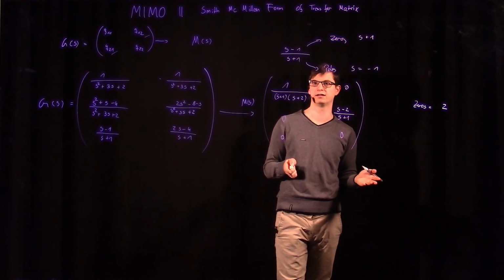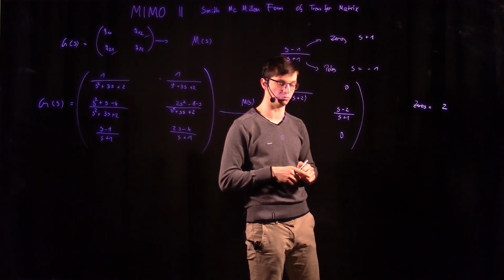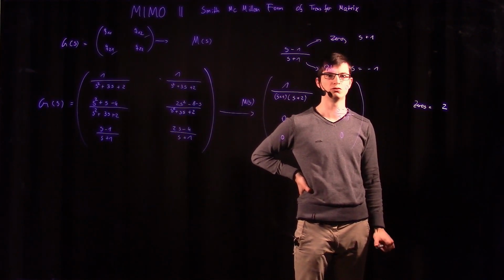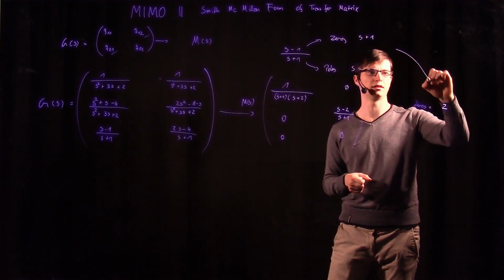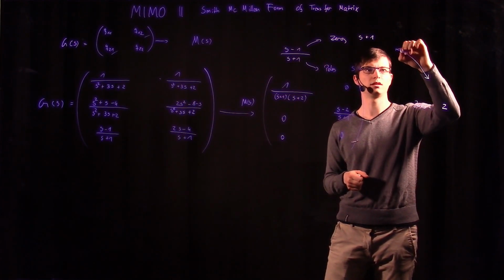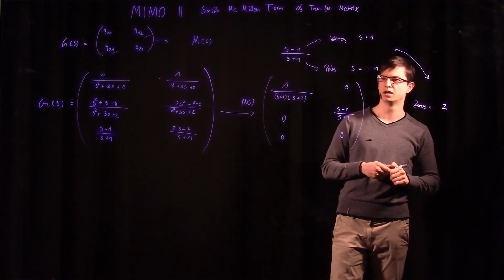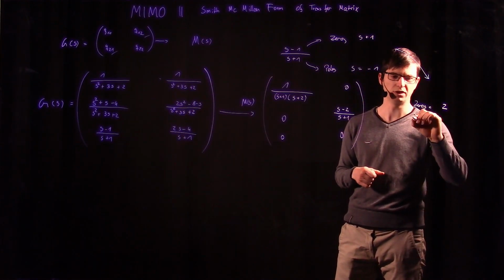And when we compare this to one part of the system, we see that the given zero isn't there. So there's a difference, and that's why we did this analysis. All right, now we can analyze the poles as well.